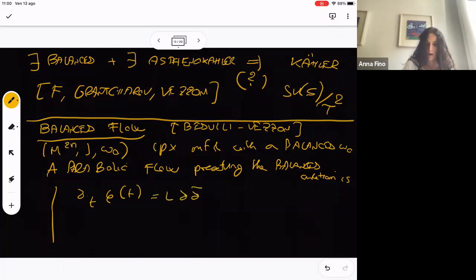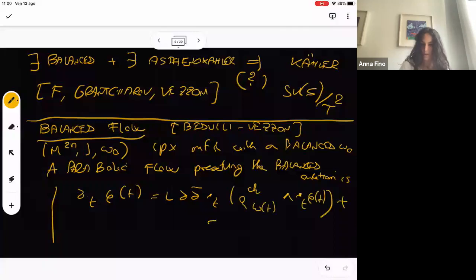You take the metric induced by φ_t, and then you take the Chern form associated to ω_t. ω_t is the (1,1)-form associated to φ_t, okay? You have this part, plus this other part, which is just a Bochner Laplacian.